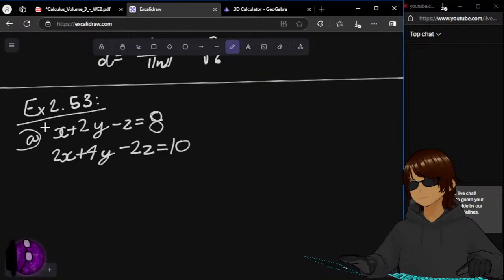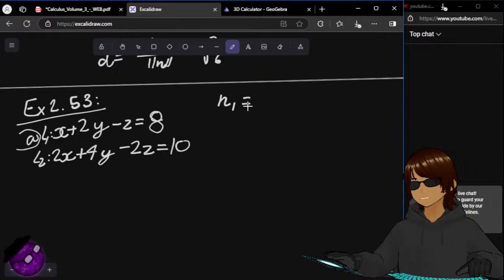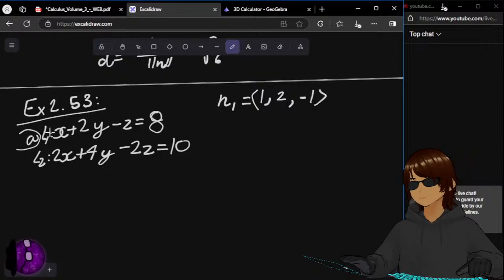So this is L1, this is L2. Let's say N1 is 1, 2, and minus 1.